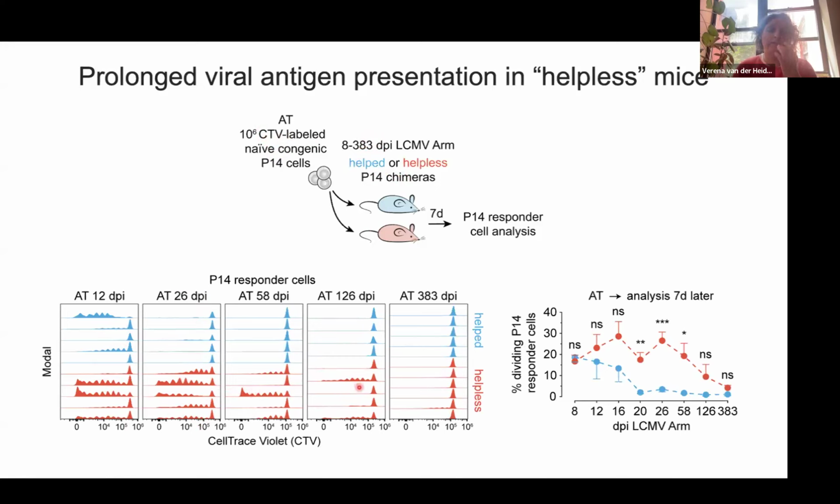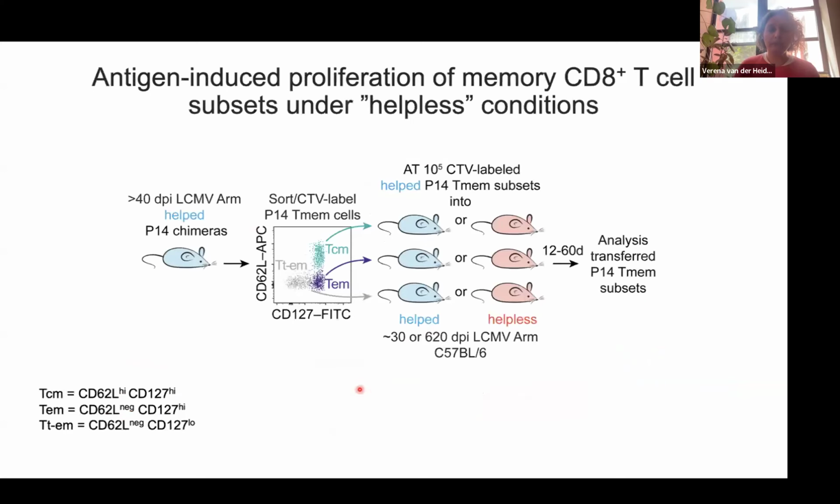And we have individual mice even 126 days after infection where we are still able to see naive P14 proliferation. To formally test whether memory T cell subsets would also see antigen in these helpless recipients, we did a similar experiment as before. We sorted out TCM, TEM, and terminal effector memory T cell populations from helped memory mice.